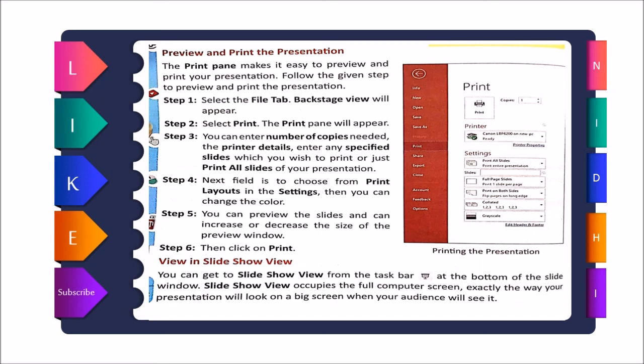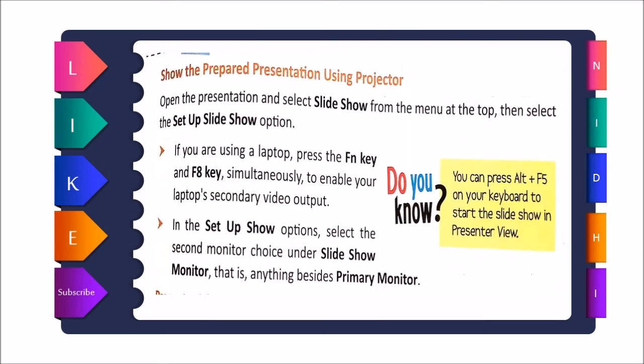Okay, next is showing the prepared presentation using a projector. We can show the presentation using a projector also. So for that, open the presentation and select slideshow from the menu at the bottom. Then select the setup slideshow option, and if you are using a laptop, press the function key, that is F8.